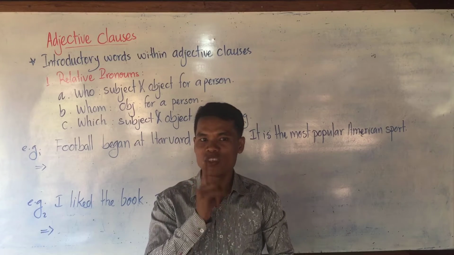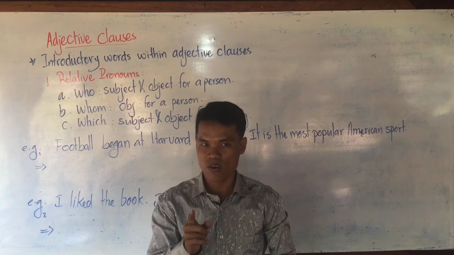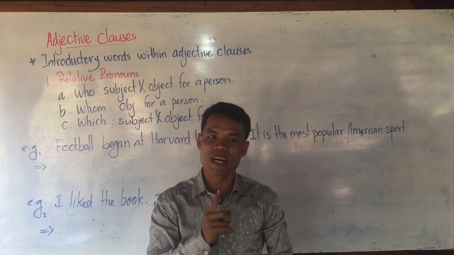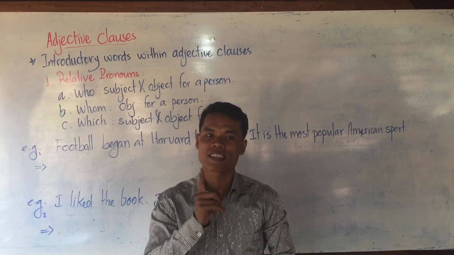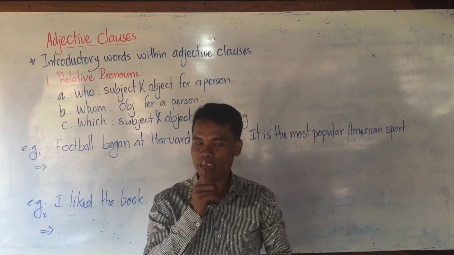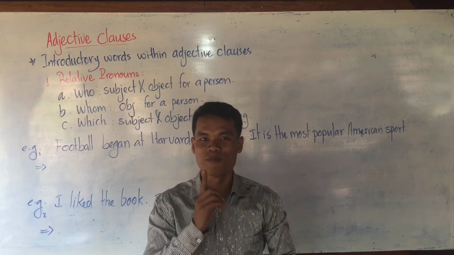Whom is used as the object and it is more formal. Who as the subject is fine, but when who is used as object, it is informal. Today, one more relative pronoun is which.